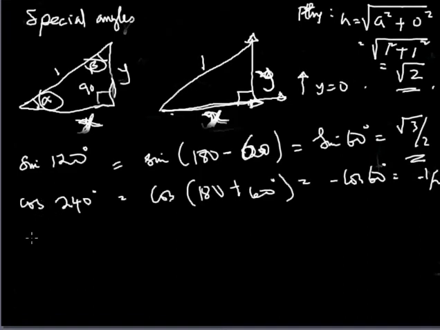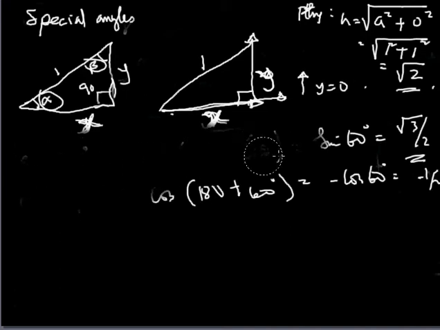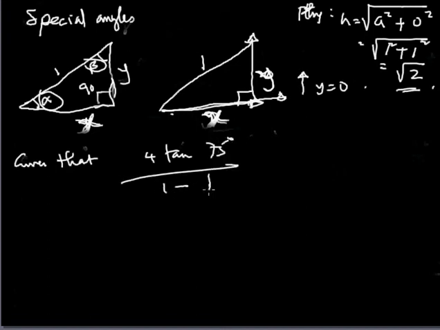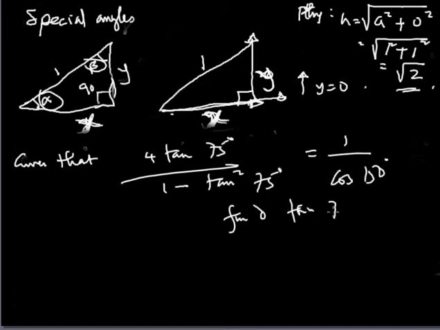Now, for the last example, if you are given a question like this: given that 4 tangent 75 degree over 1 minus tangent squared 75 degree is equal to 1 over cos 150 degree, find tangent 75 degree in surd form.